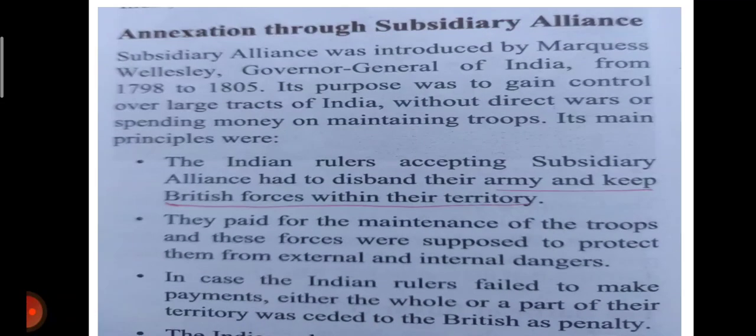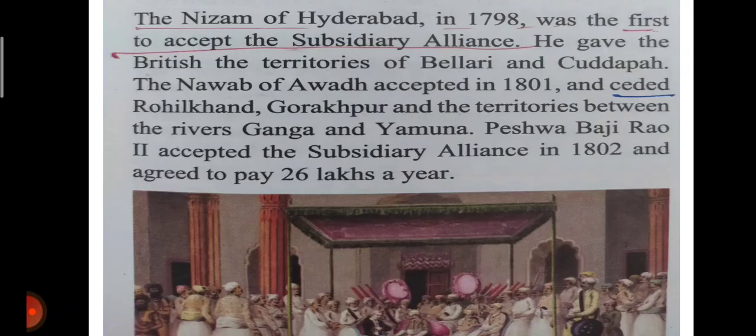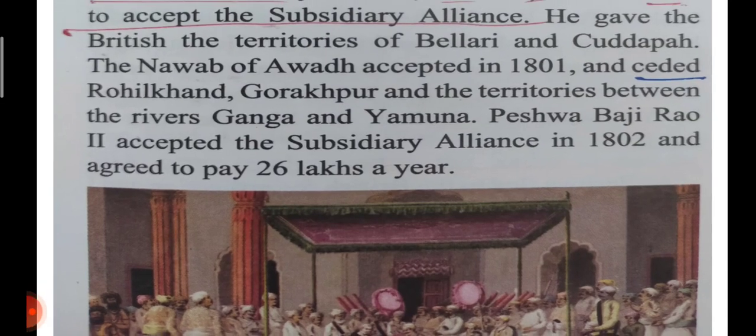In case the Indians failed to make payment, either the whole or a part of their territory was ceded to the British as penalty. You can see here the Nizam of Hyderabad.